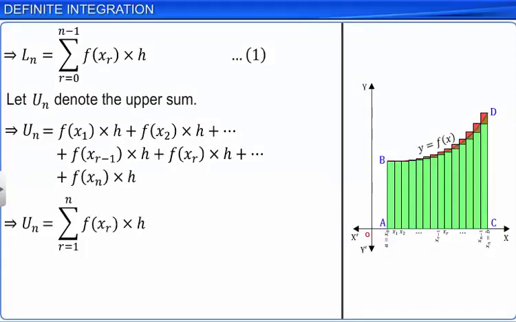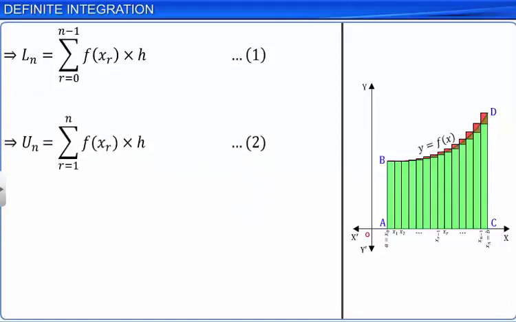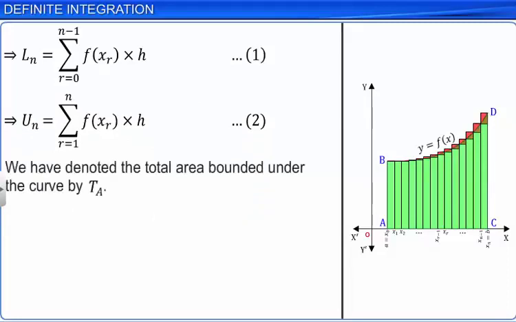Recall that we have denoted the total area bounded under the curve by T with subscript A. Hence we have the lower sum less than or equal to TA, the total area, which is further less than or equal to the upper sum. Symbolically, this can be written as shown here using equations 1 and 2 above.